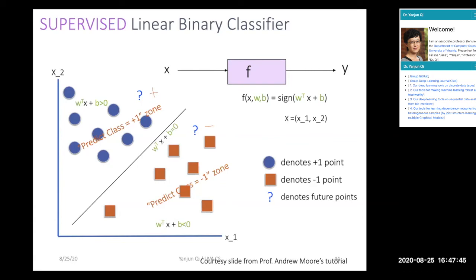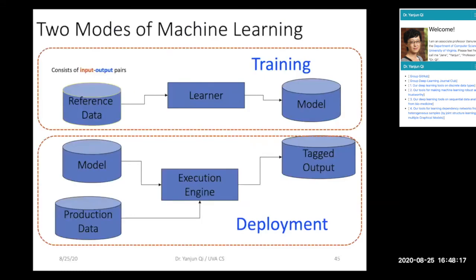Which means the blue points and the future points very close to the blue points are all positive, and the future points very close to the red points are all negative. And my F is really good in that sense, because my F function predicts the future points really well. So this is the most fundamental objective in machine learning, called generalization.